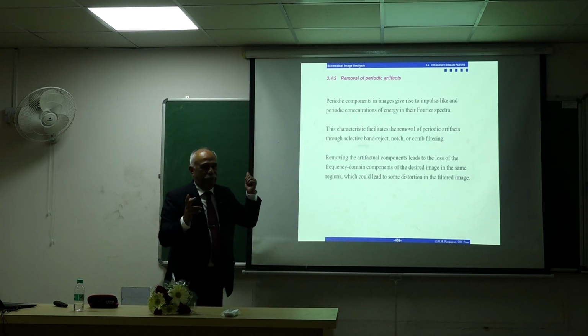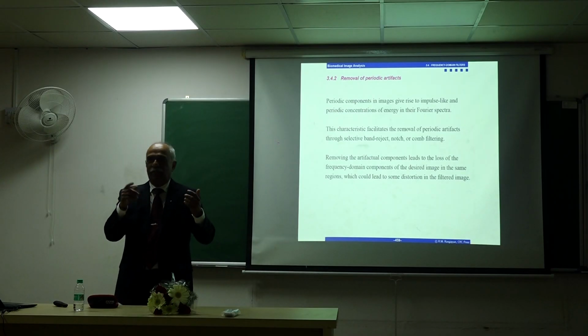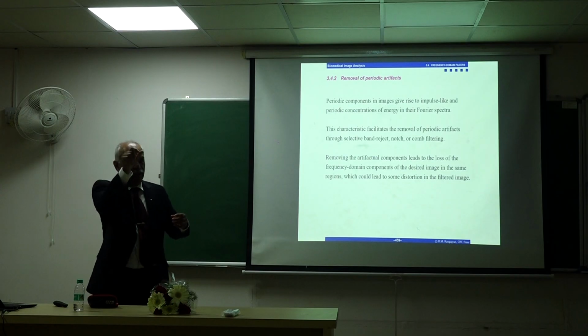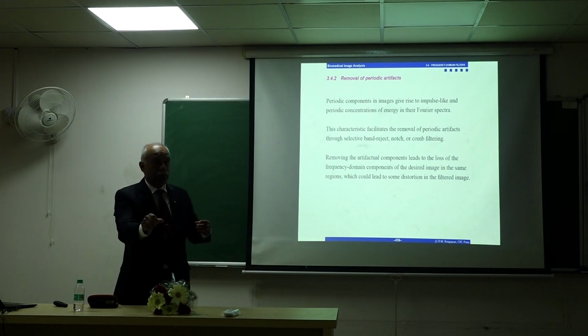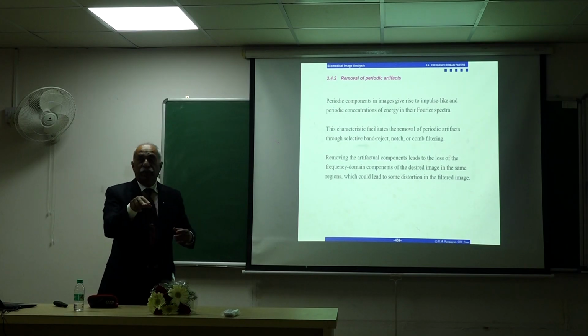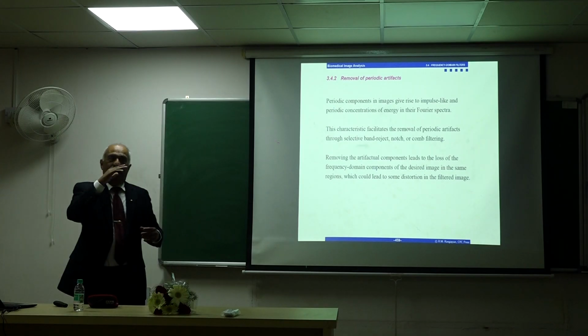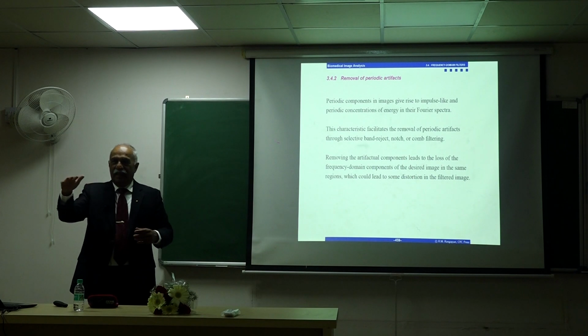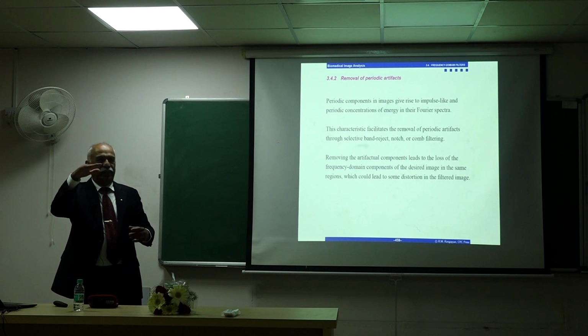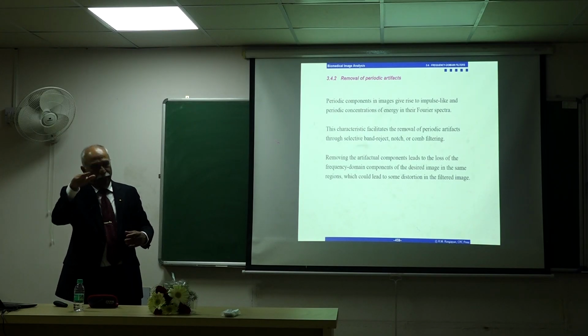How you remove them is a question. I was discussing with one of you earlier about this, and if you just use a notch filter and set those values to 0, you will have artifacts because the original spectrum didn't have 0 there. You can assume the spectrum is continuous, and at the location of these spikes or impulses, you average and set it to some values in between that will make the spectrum smooth in that range.